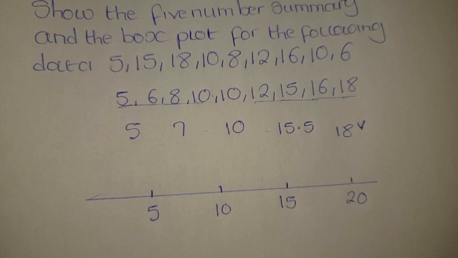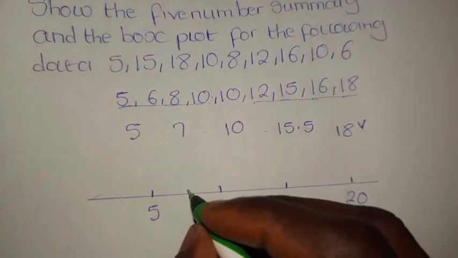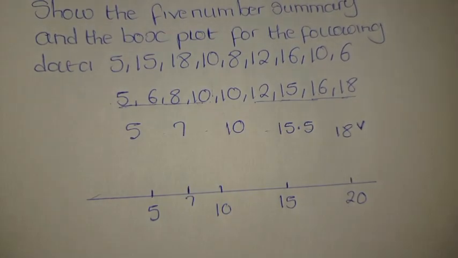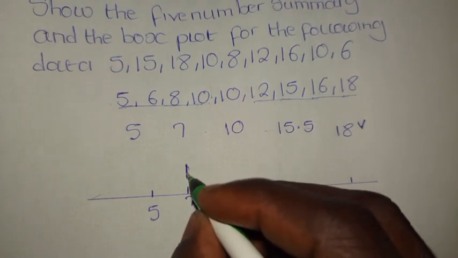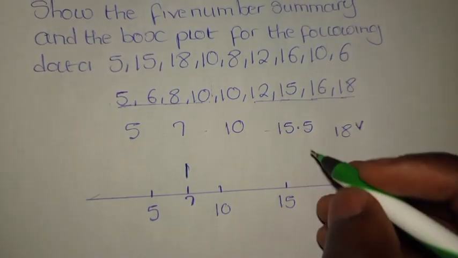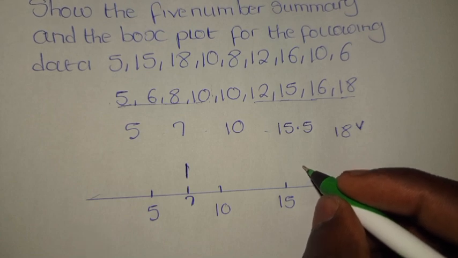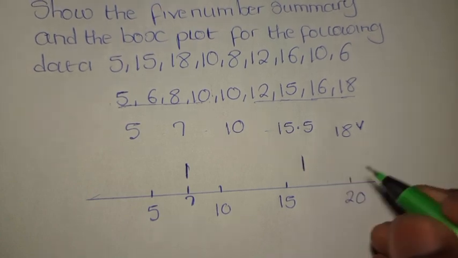The whiskers contain 25% on one side and 25% on the other side. So let us estimate our 7 to be there. Remember, 7 is the first quartile. So our box plot will start from here and end on 15.5. Let's assume 15.5 is somewhere there.